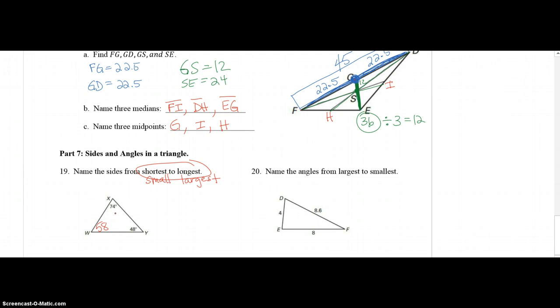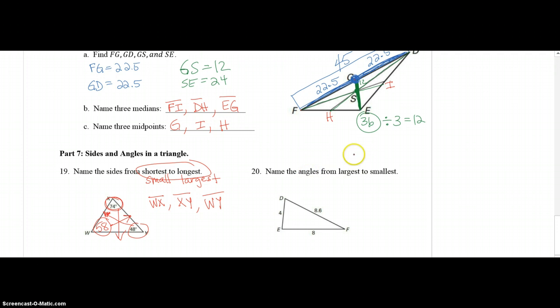Where's the smallest angle? The smallest angle is Y, so across from that gives us the shortest side, WX. What's the next smallest angle? 58. Across from the 58 is the next smallest side, which is XY. And then the longest side is going to be across from the largest angle, which is 74. So then WY.